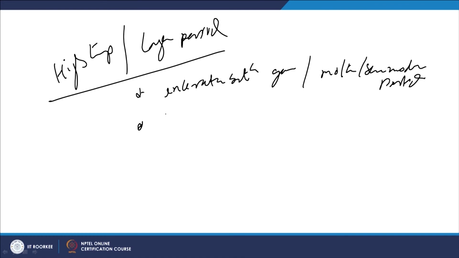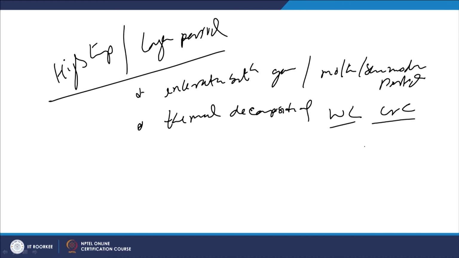Another damage is the thermal decomposition of some of the constituents like tungsten carbide, chromium carbide. These particles start getting decomposed and damaged with regard to the properties and composition.